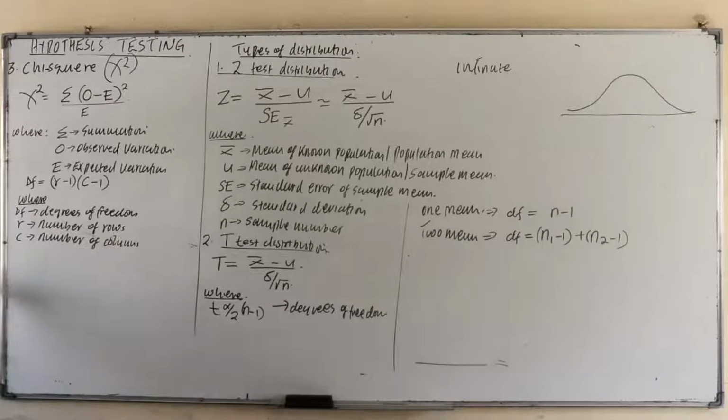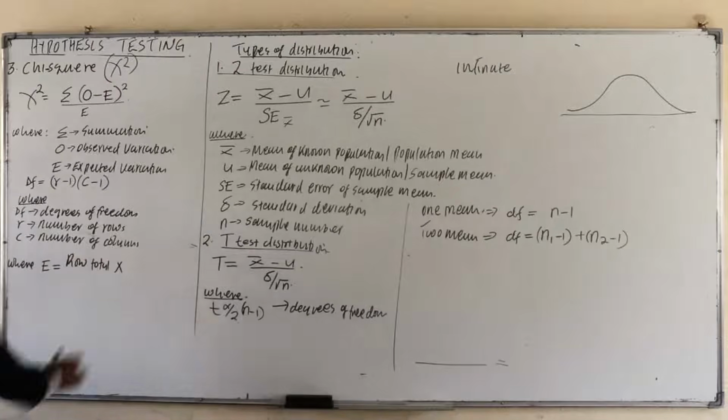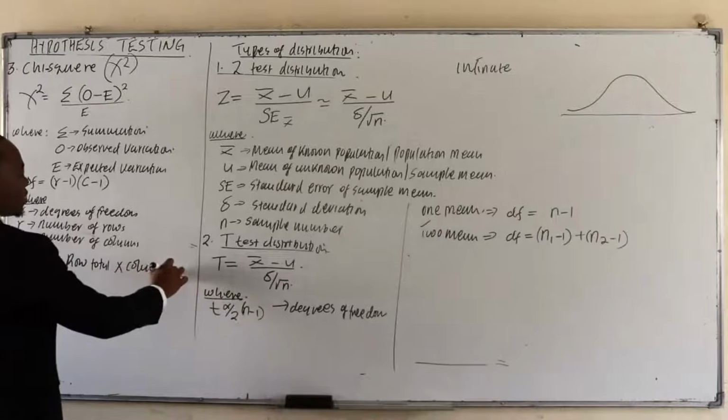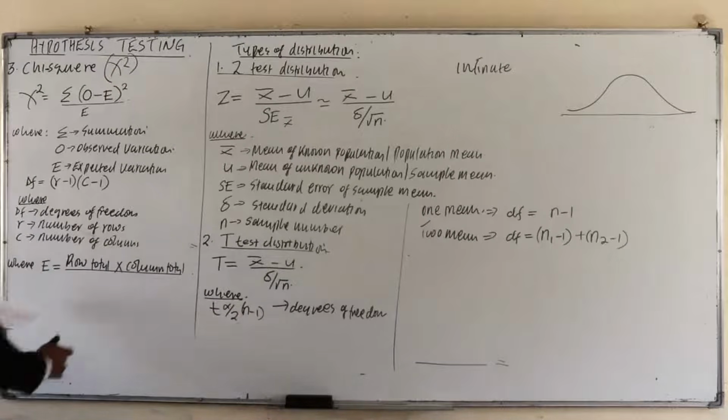And how do you determine the expected? To get the expected variation, you take the row total times the column total, then you divide by the grand total.